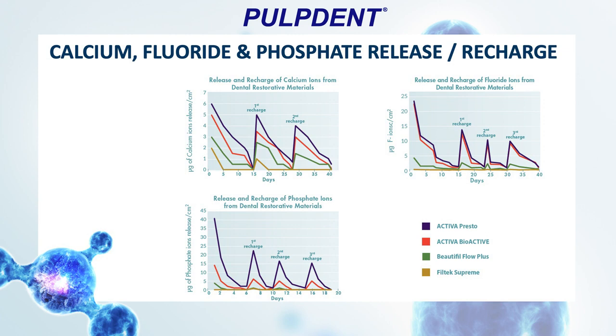But when you look at that in comparison to ACTIVA Bioactive and ACTIVA Presto, you can see quite a bit of difference in multiple charges, release and recharge, as these materials continue to help remineralize and demineralize tooth structure.